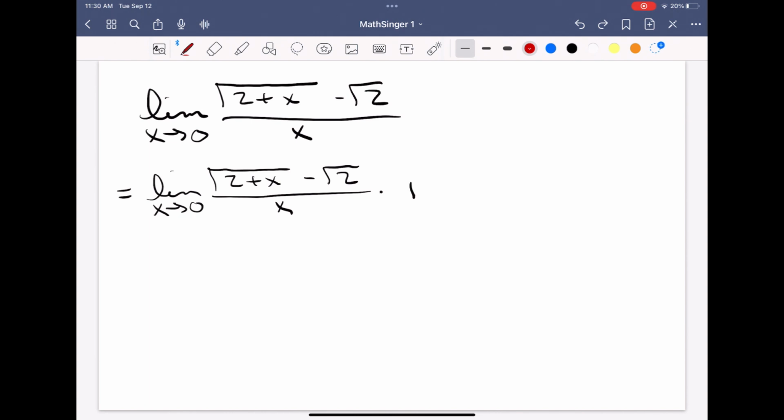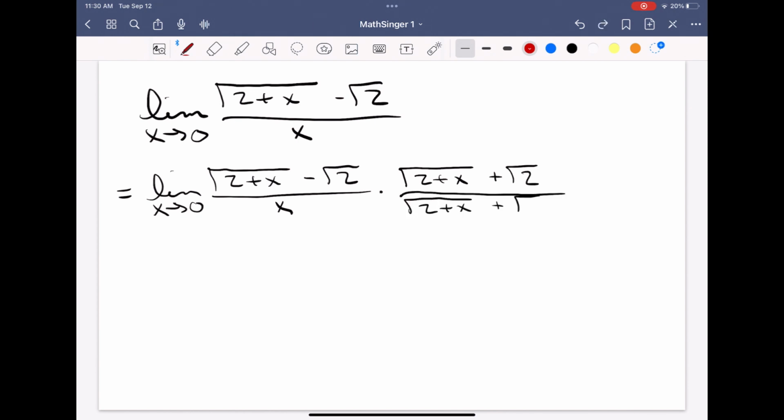The form of 1 that we're going to use is the conjugate of our numerator divided by itself. So the square root of 2 plus x plus the square root of 2 divided by the square root of 2 plus x plus the square root of 2.